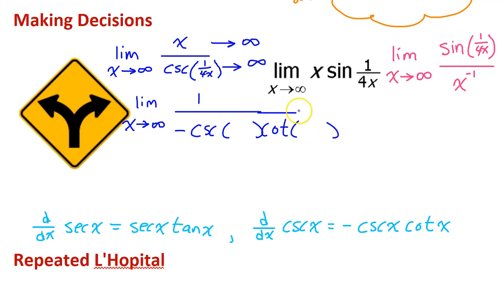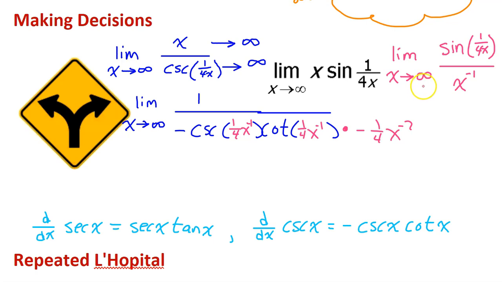That's the outer function, but then the inner function is this 1 over 4x, which I'm going to write as 1/4 x to the negative 1 power. We have to multiply by the derivative of this inner function, which is negative 1/4 x to the negative 2 power. Well, this is a big old mess, so I'm not liking this one.